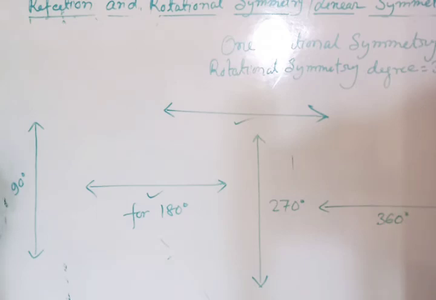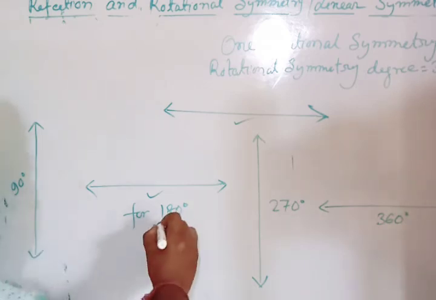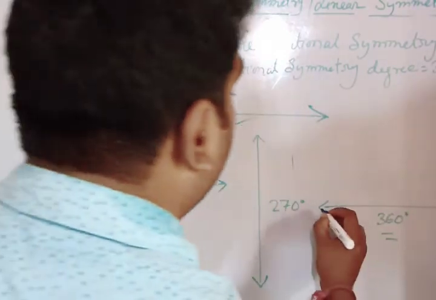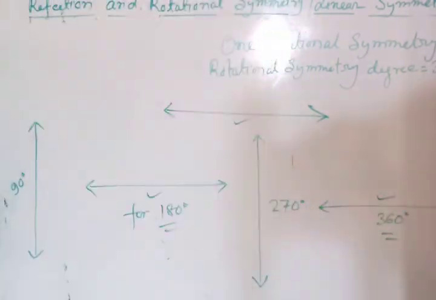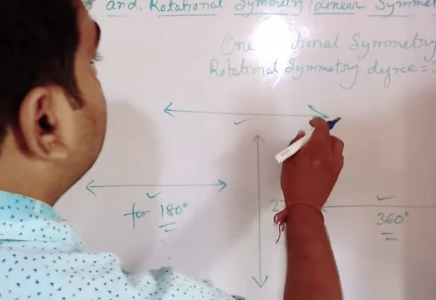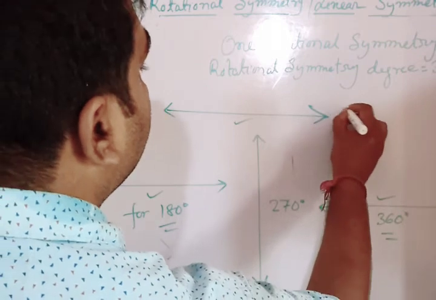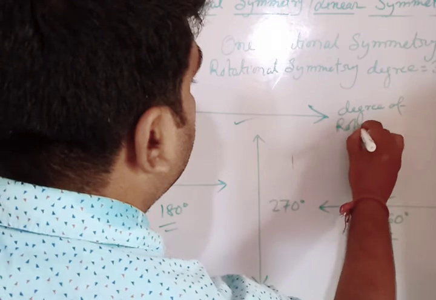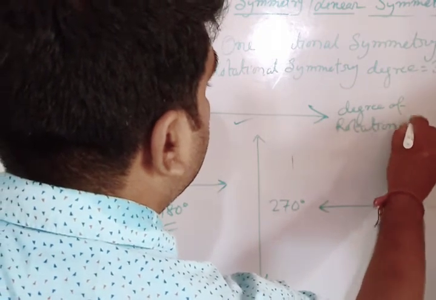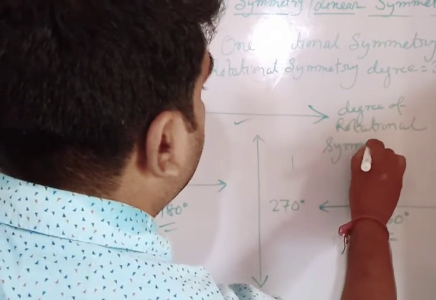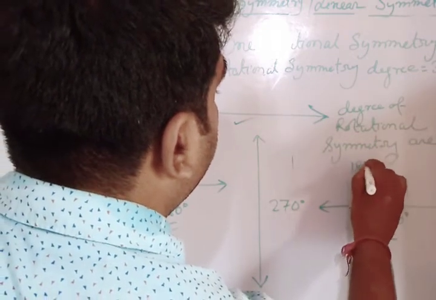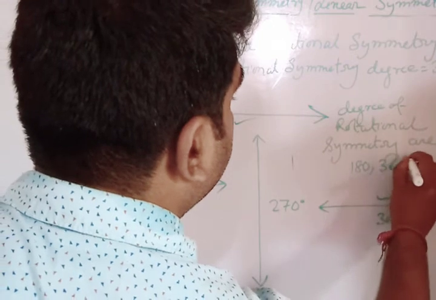So we can see that after 180 degree rotation and after 360 degree rotation, we are getting two figures that are identical with my given figure. Okay, so for this figure, the degrees of rotational symmetry are 180 and 360.